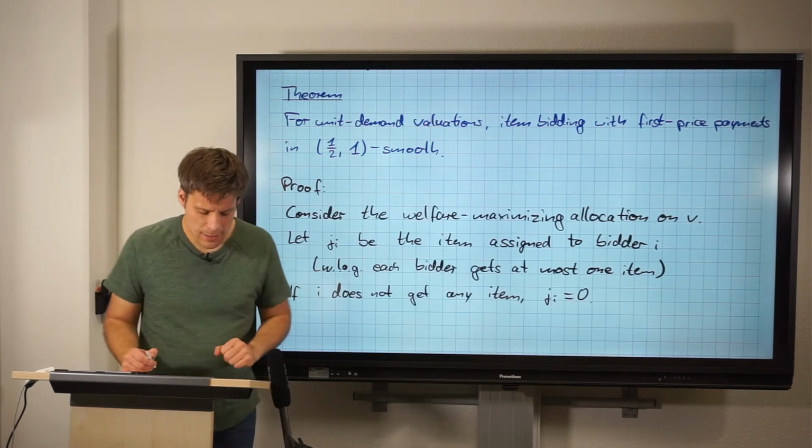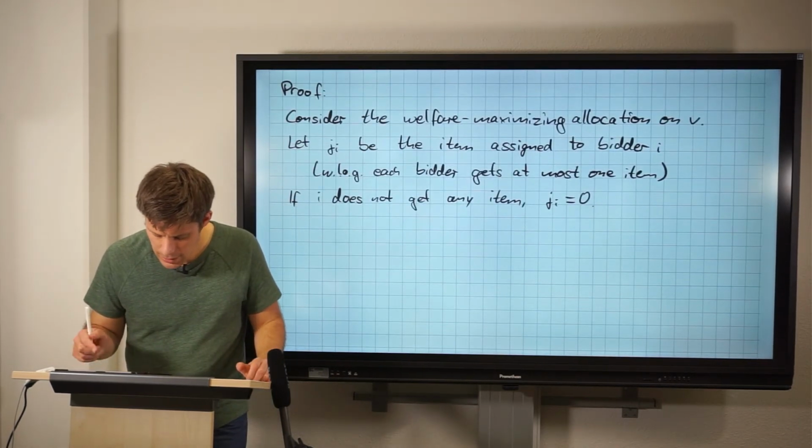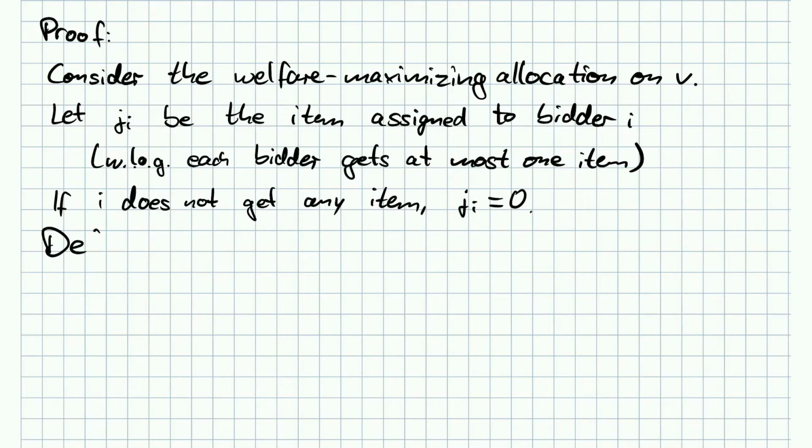And this is exactly the kind of rule that we are again using, namely, we now define bij star to be vij over 2 if j is equal to ji and 0 otherwise.